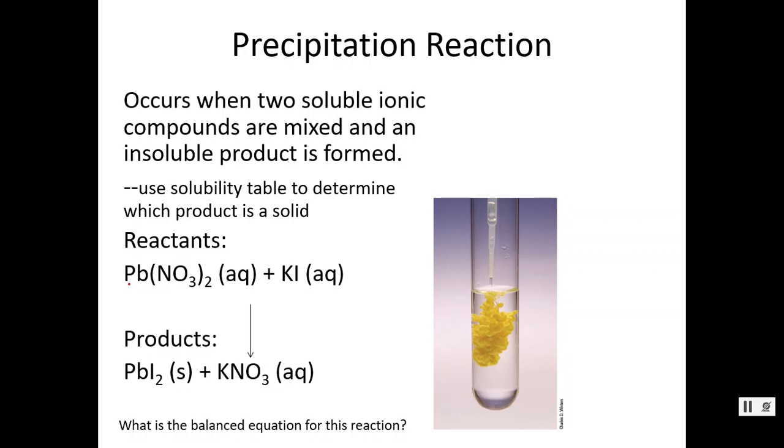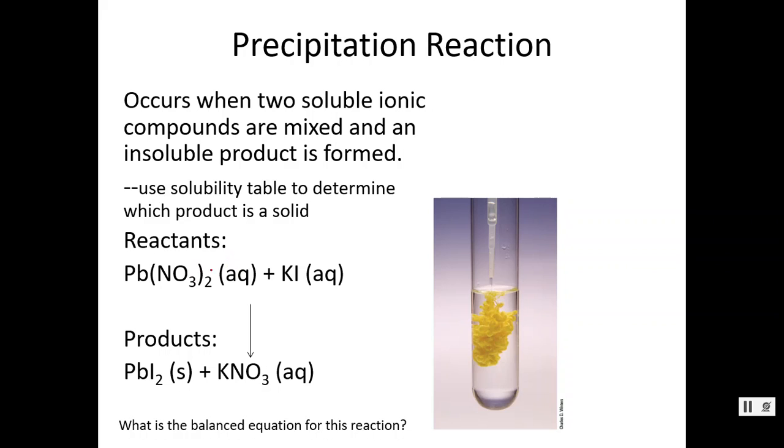So let's say you have two reactants, which we have here, lead(II) nitrate and potassium iodide. Both are aqueous solutions. And I know I've already got the products written here, but let's talk about how to determine the identity of those products as well as their states, and then we'll balance the equation. Let's say I was to give you these two reactants and ask you to predict the products.